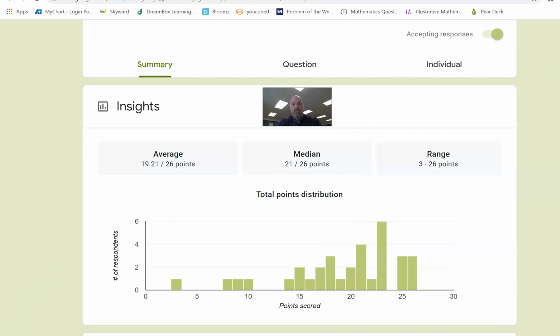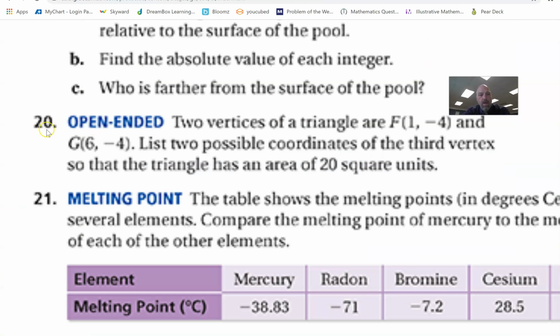I really appreciate it. Before we get to today, I want to talk about this problem from the test, question 20 that I made into a multiple guess question. Two vertices of a triangle are point F, (1, -4), and G, (6, -4).